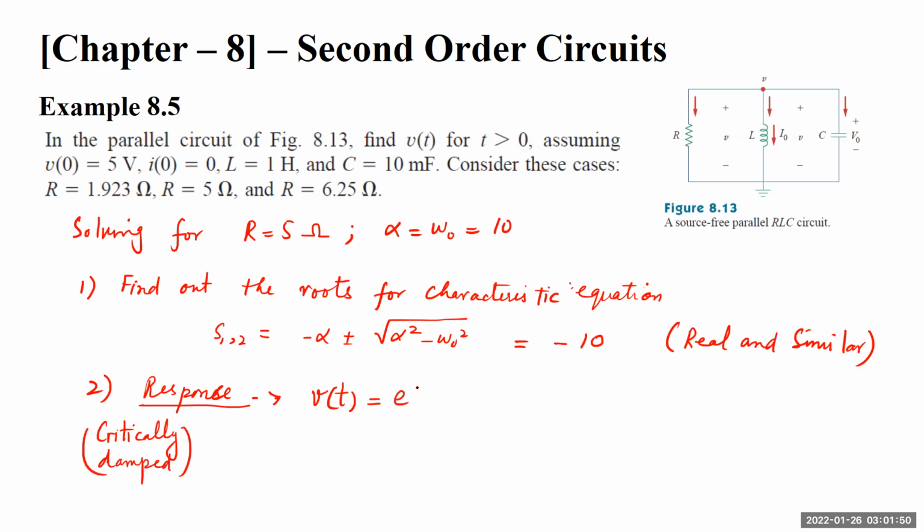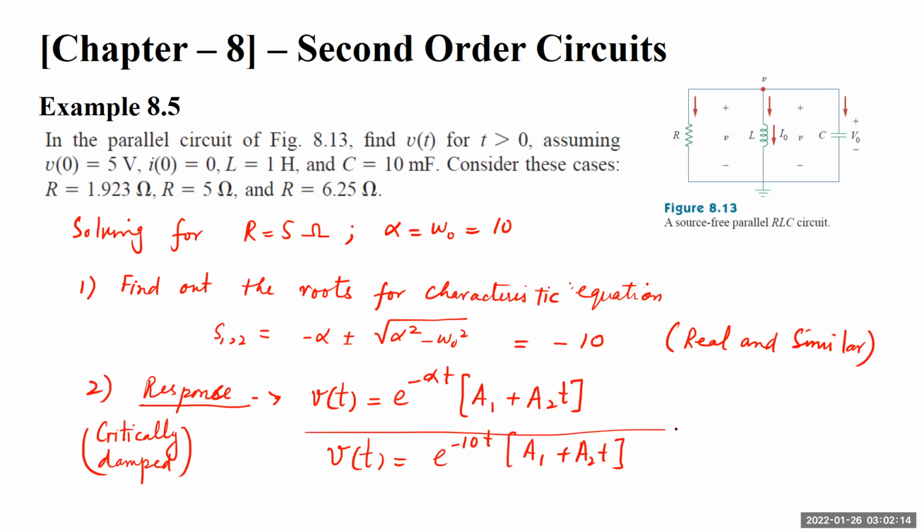In this case, we have e raised to the power minus alpha t, times A1 plus A2 t. So our v of t will look like e raised to the power minus 10t, times A1 plus A2 into t. This is how the natural response will look.